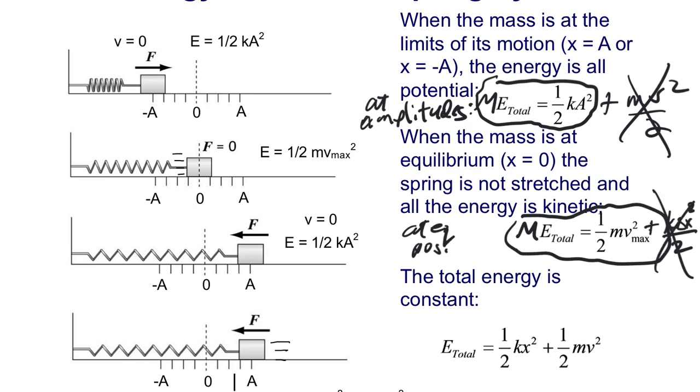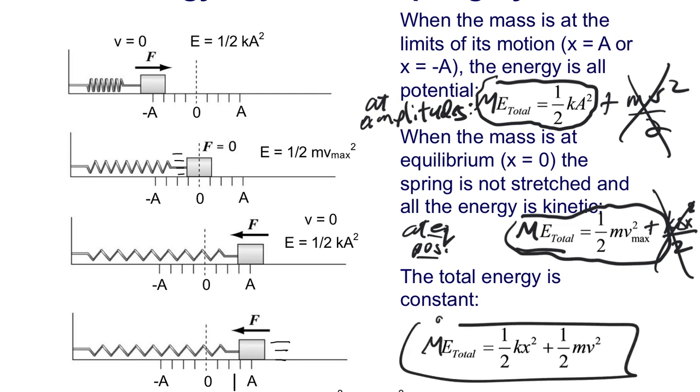So all your mechanical energy is locked into kinetic energy. This is at the equilibrium position. So ME remains a constant. If you don't have any KE, it's all spring potential energy. And if you don't have any spring potential energy because of your position at the equilibrium position, you have only kinetic energy.